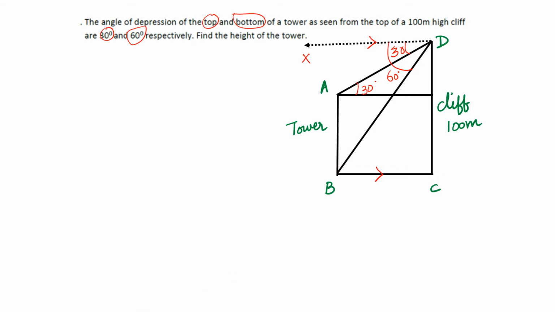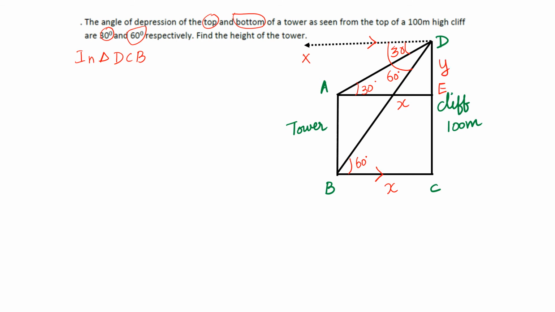This is 60 degree, right? Now in triangle TCB, before going to the question, we'll take this as x, this is x, and this is AE, and this is y, right?